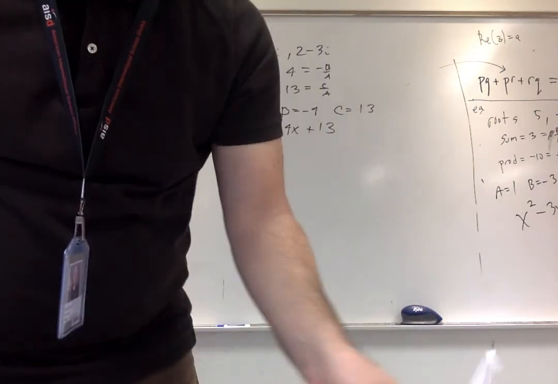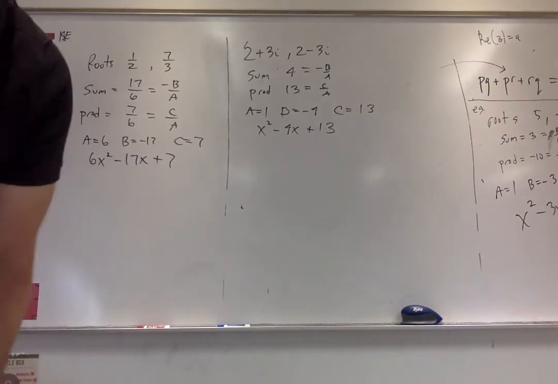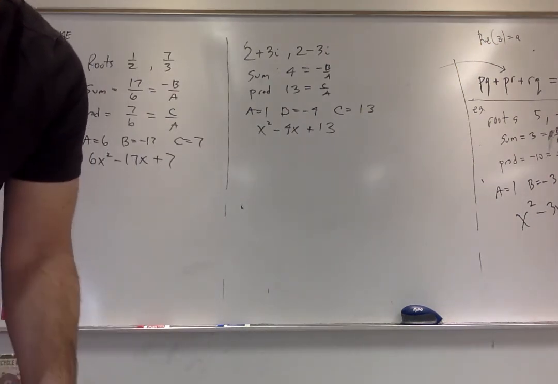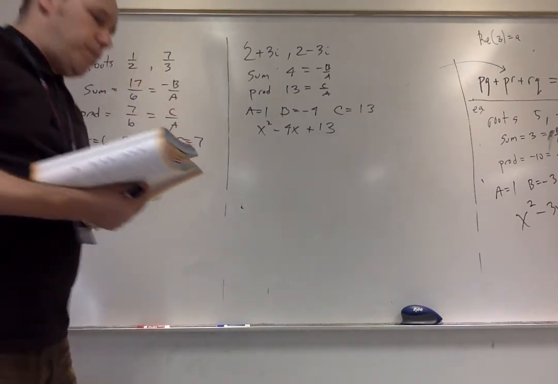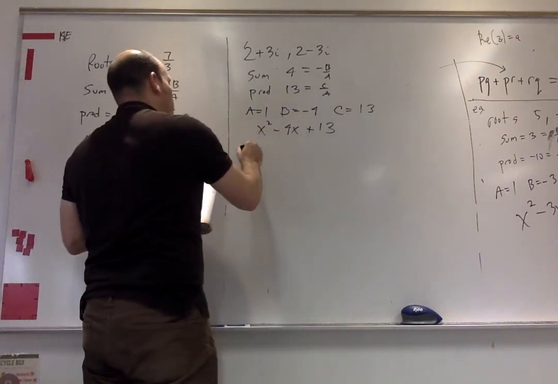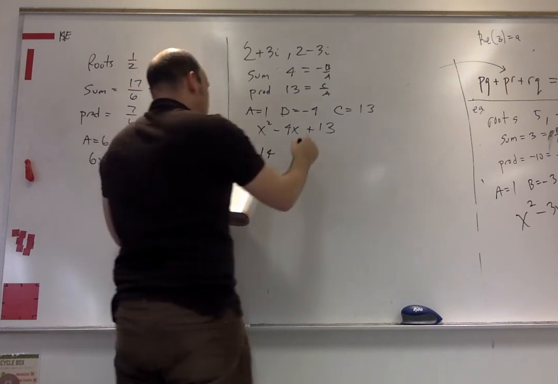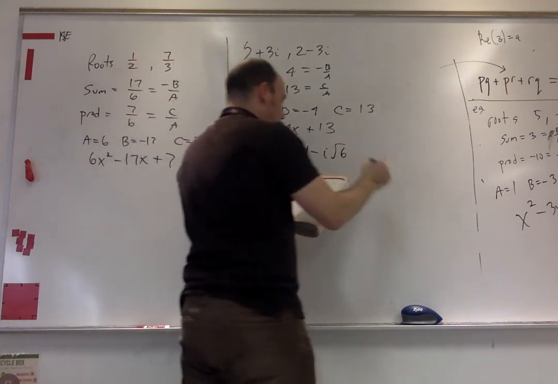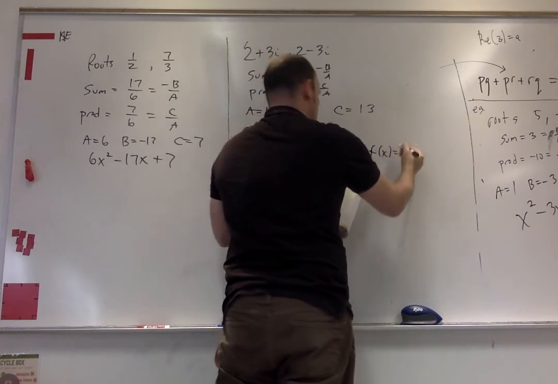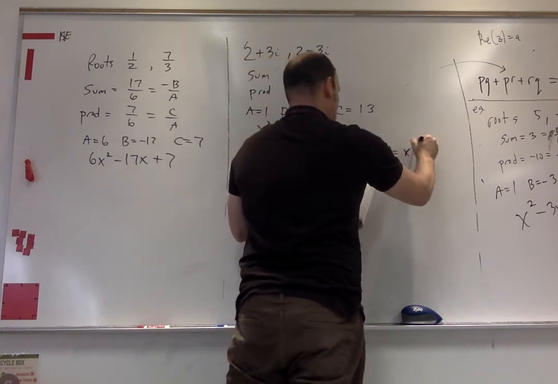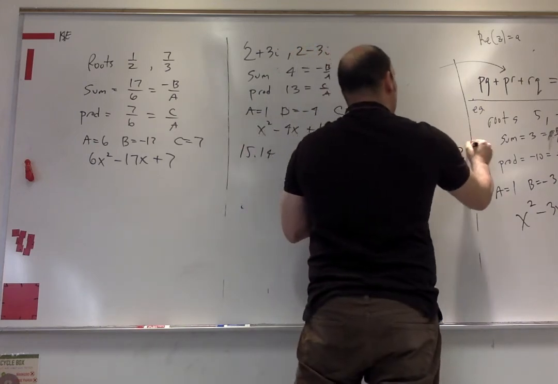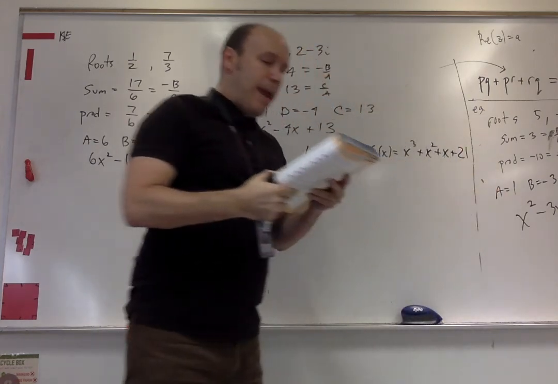Nice. Now let's look at that original book problem. This is work problem 1514. They said, given that 1 minus i radical 6 is a root of f of x, which equals x cubed plus x squared plus x plus 21, find the remaining roots.